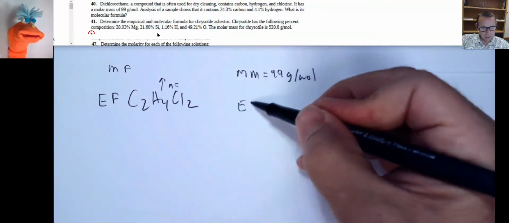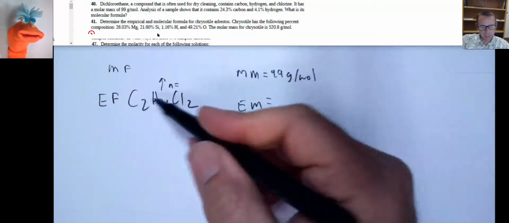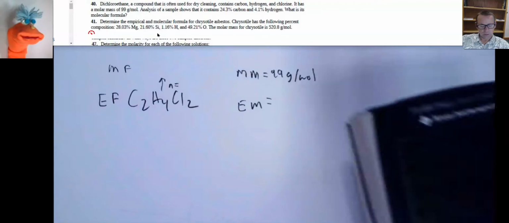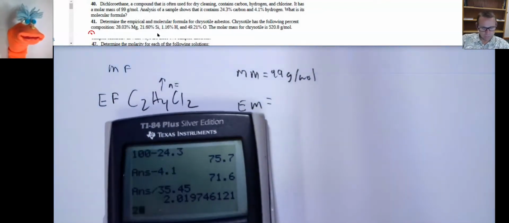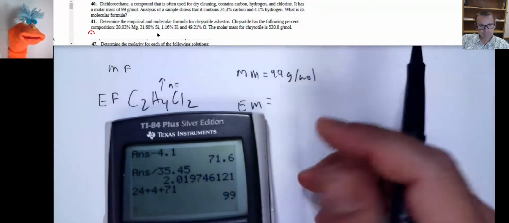And the empirical mass, we can figure that out by adding these together. So if I add together 2 12s, 4 1s, and then 35 times 2 is 70, so about 71 for 2 chlorines, I get 99.